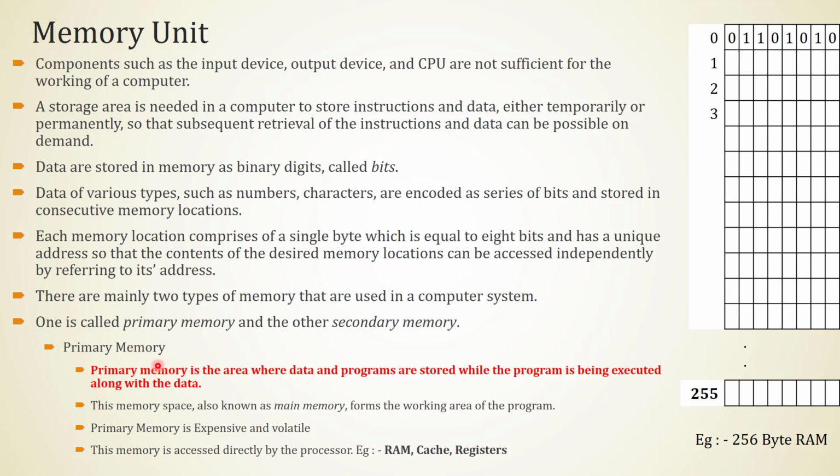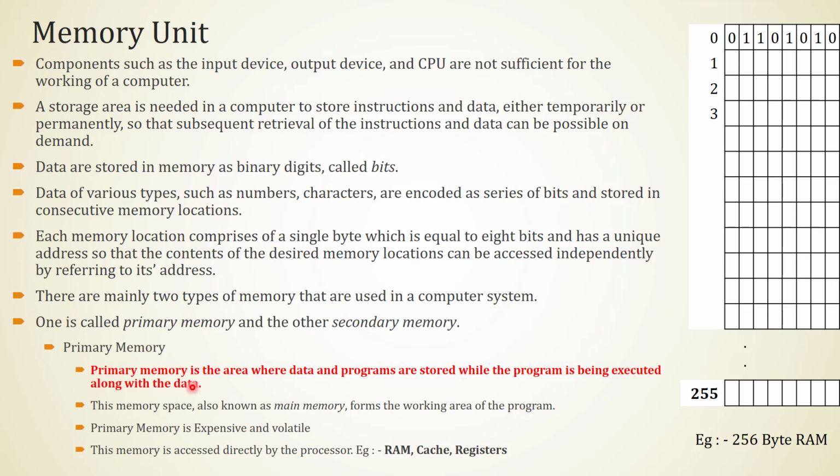Primary memory is the area where data and programs are stored while the program is being executed, along with the data. I already told you, program means a group of instructions. To get the desired result, we have to execute or run this program. If somebody asks us to run, run is an instruction given to us.